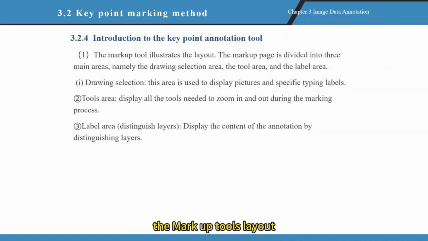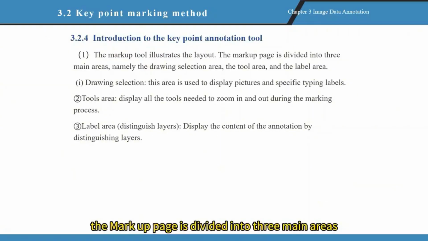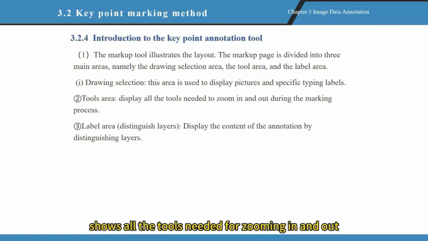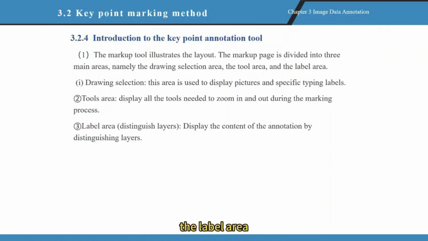The Markup Tools layout. The markup page is divided into three main areas. The drawing selection area is used to display pictures and specific typing labels. The tools area shows all the tools needed for zooming in and out during the marking process. The label area, which distinguishes layers, displays the annotation content.